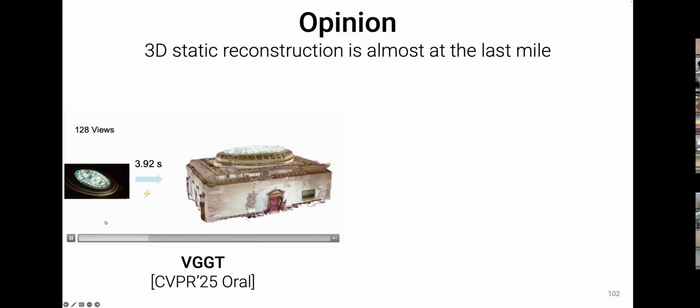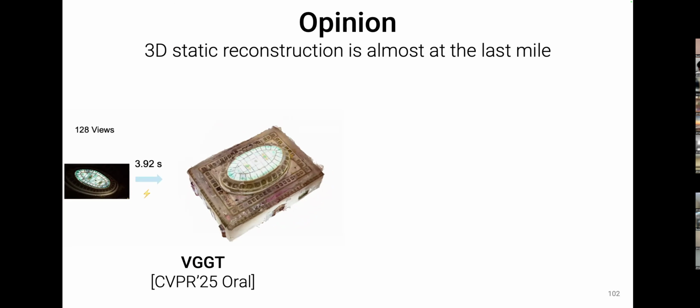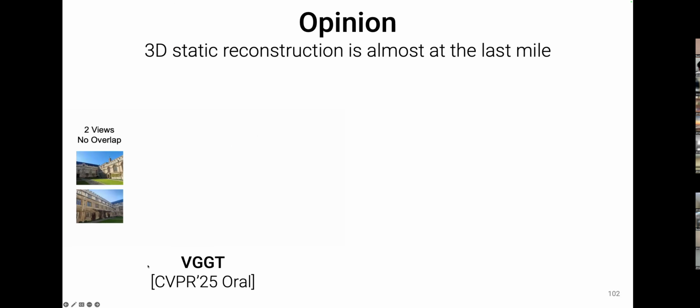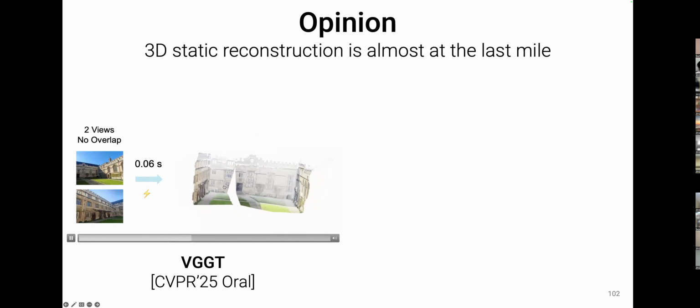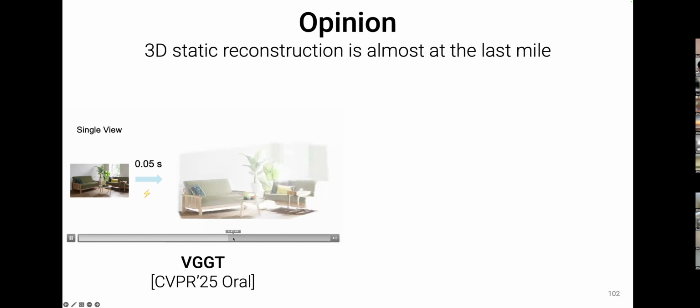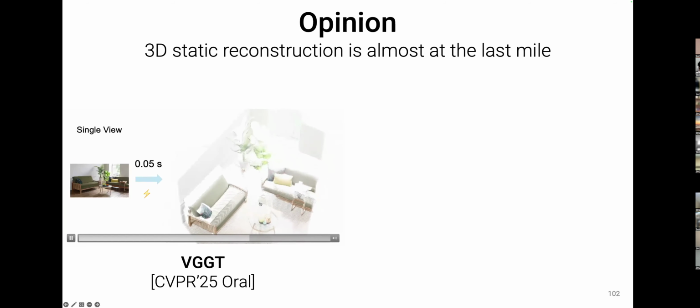You can give it up to like 120 or 200 images as input to the feed-forward network. In this case, it's just 2 images, with no overlap, and you can already get this beautiful point map as output. It's actually very cool. Even a single image is able to output such a point map, or actually a depth map.